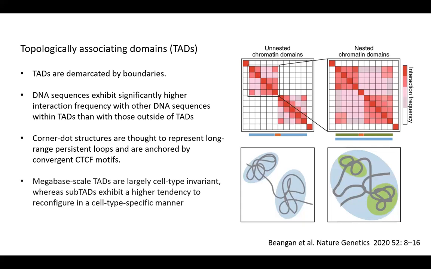But then if you go look at the smaller structures within the domains, they are more variable, and they're variable across species, but they're also variable across tissues of the same species. So if you look at embryo as it develops, or if you look at liver tissue versus blood tissue, you're going to find that overall large-scale structure is still the same, but the small loops tend to appear and disappear.